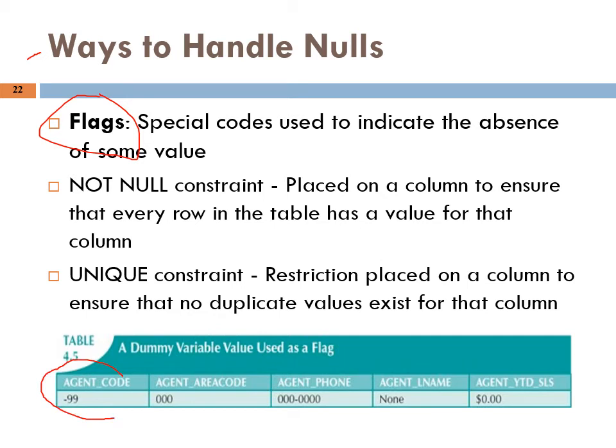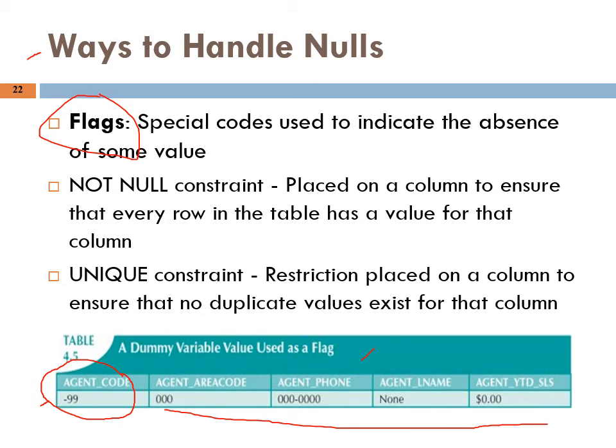The code minus 99 could be used as the agent code entry of the fourth row of the customer table to indicate that customer Orlowski does not yet have an agent assigned to him. If this kind of flag is used, the agent table must contain a dummy row with the agent code 99 and contain all the fields.